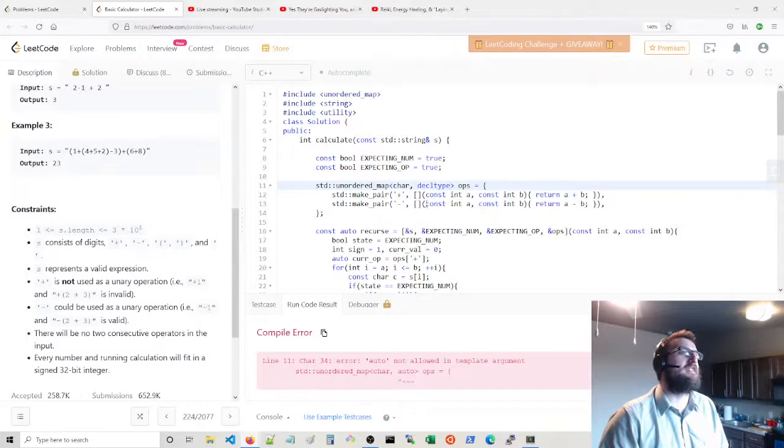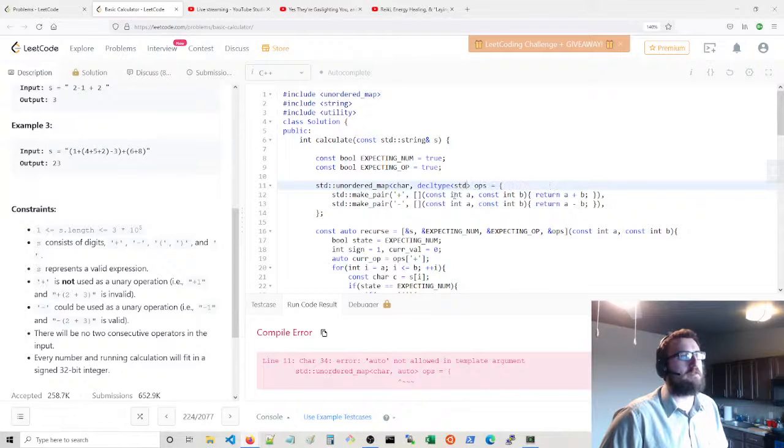Sure. Can we decltype std::declval of a lambda? I don't know.